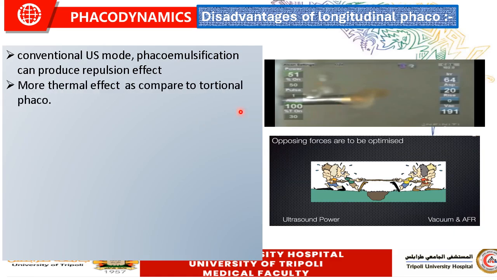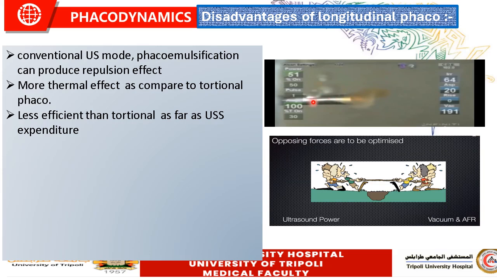The other disadvantage is that because of this rapid to-and-fro movement, it creates a thermal effect which endangers the wound construction. That's why we need to use a silicone sleeve on the phaco needle to protect the wound from the heat production. Another thing, the phaco needle is in contact with the lens fragment only in the forward movement, while in the backward movement there is no contact with the lens fragment, so the efficiency is reduced to 50%.